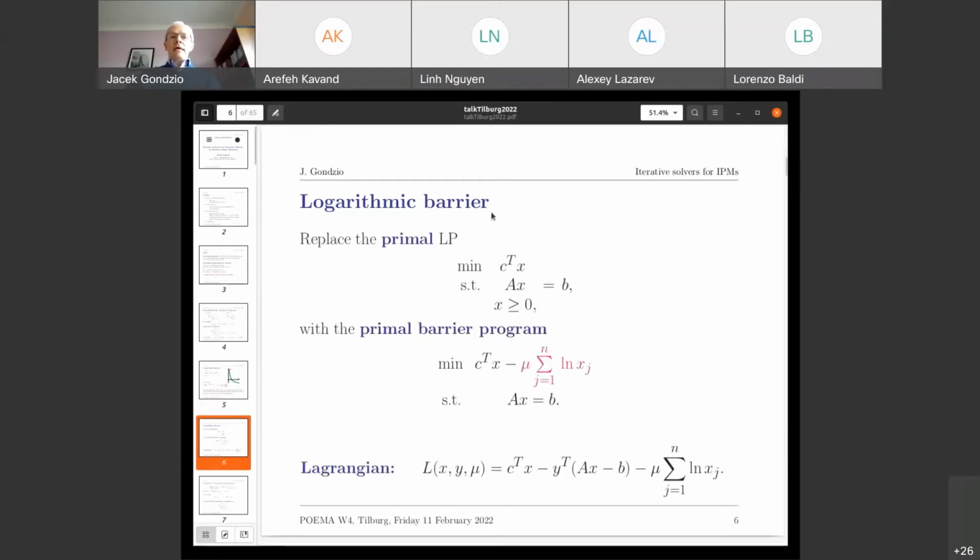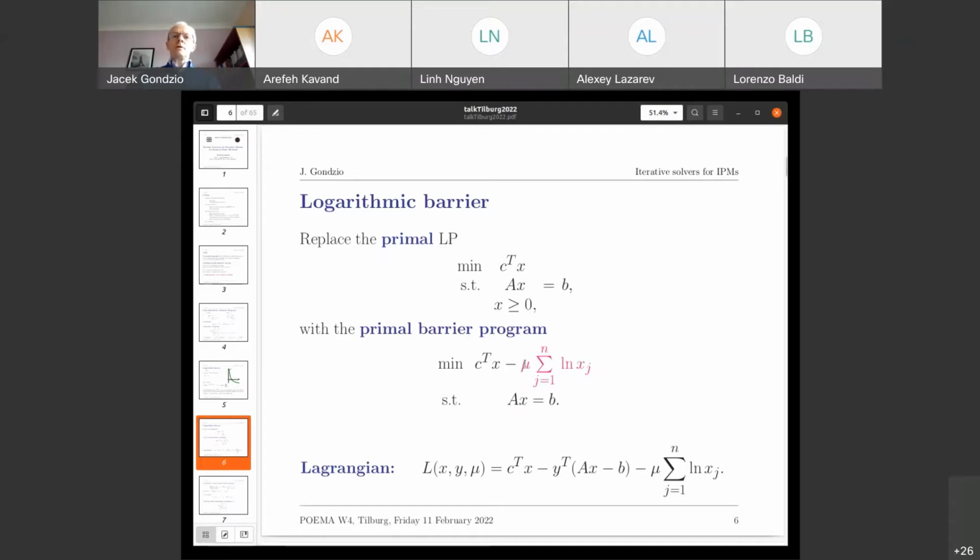And now, if we do have these logarithmic functions, then we can replace the primal LP, which is written here, which has a non-negativity constraint, with a different problem. With a problem in which the non-negativity constraint is dropped, removed, and replaced by the presence of this new term in the objective function, which is mu times the sum of logarithms of xj.